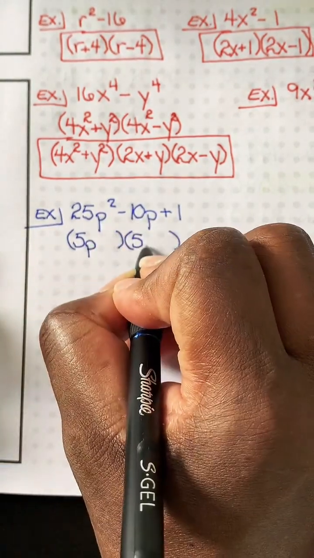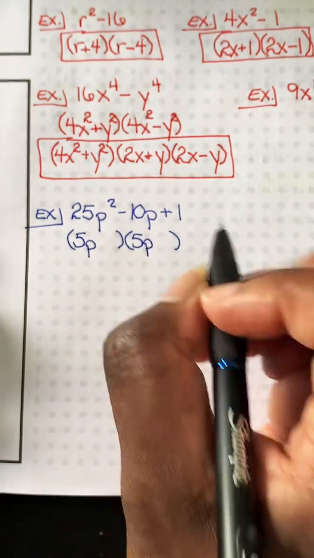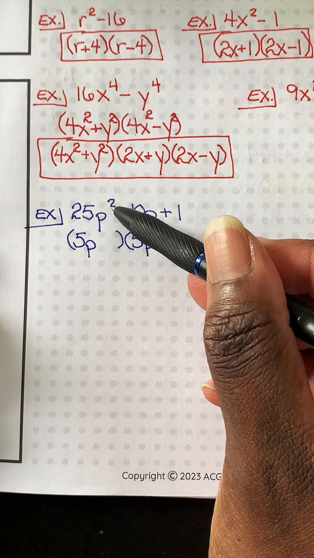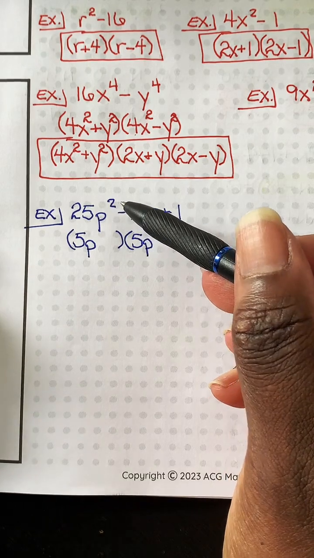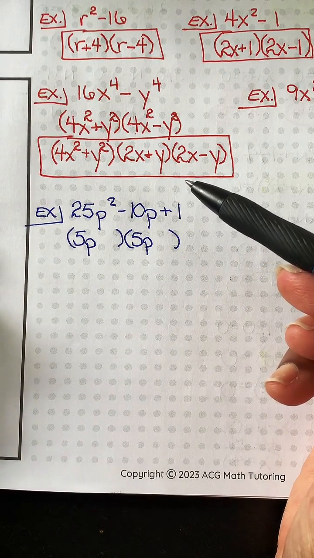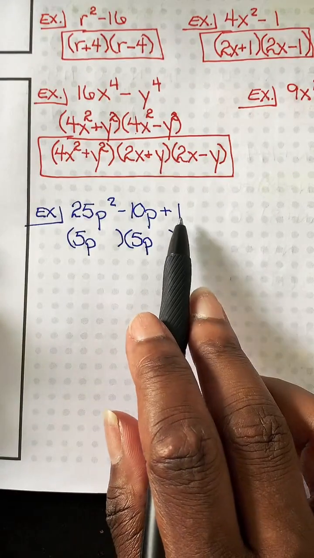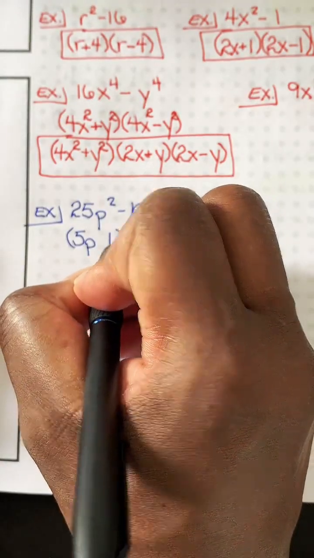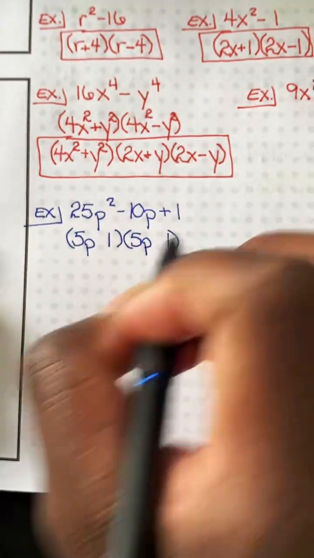I have 1p there, and 1p there. The reason why I say 1p is because the square root of p squared, squares and square roots are inverses of each other. So they basically cancel each other out, right? Now, on the end, I have a 1. So that means there's 1 there and 1 there.